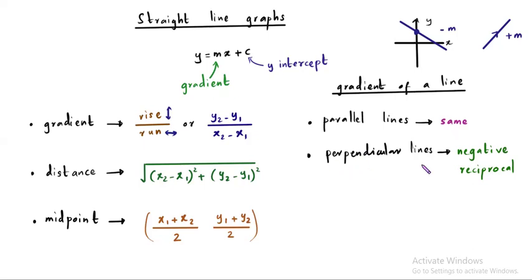When it comes to a perpendicular line, the gradient will be the negative reciprocal of the gradient of the equation that is given to us.